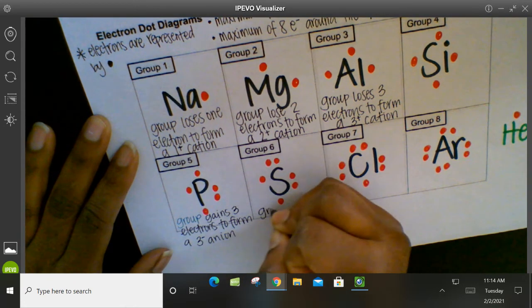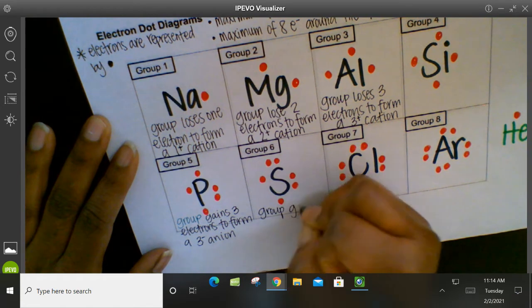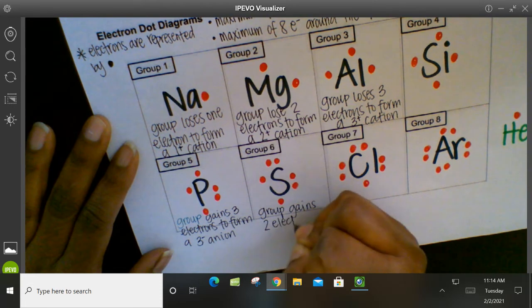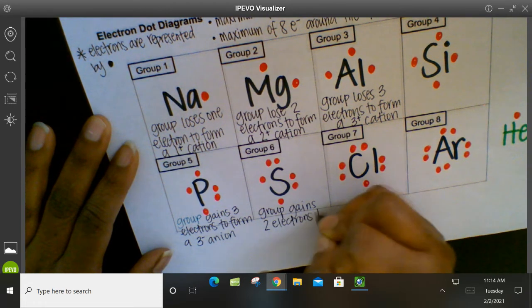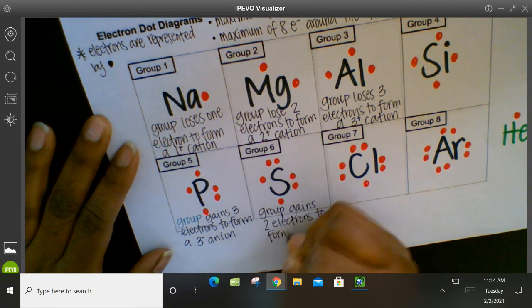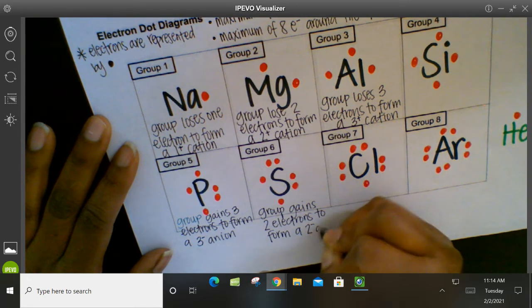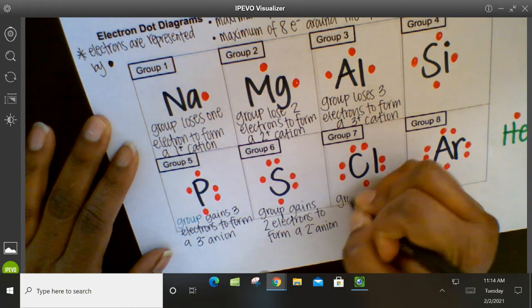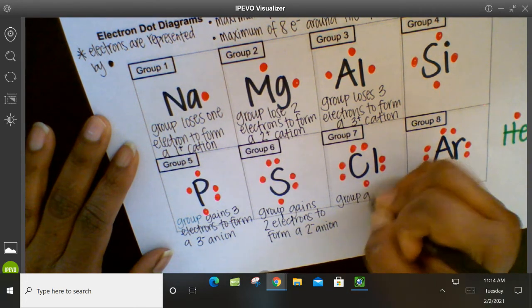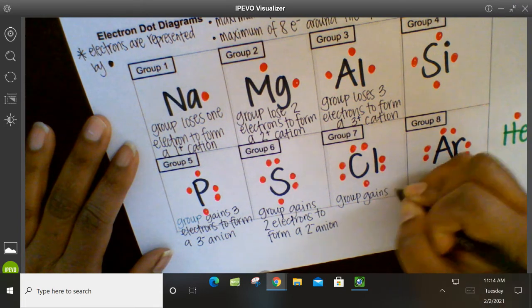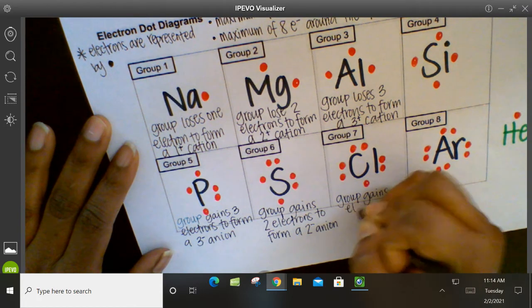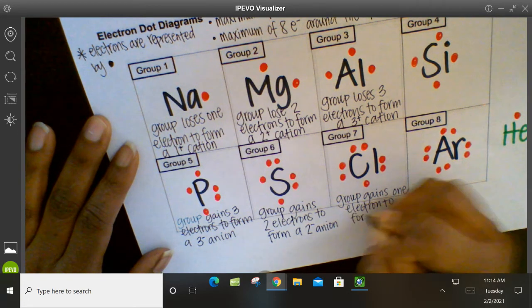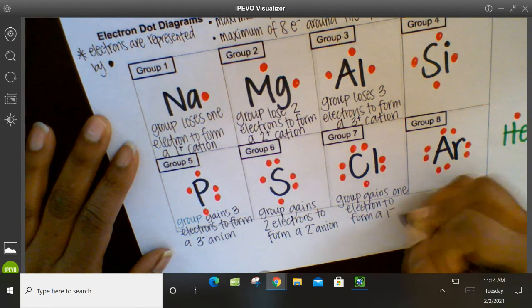And this group here gains 2 electrons to form a 2 negative anion. All right, this group here gains 1 electron to form a 1 negative anion.